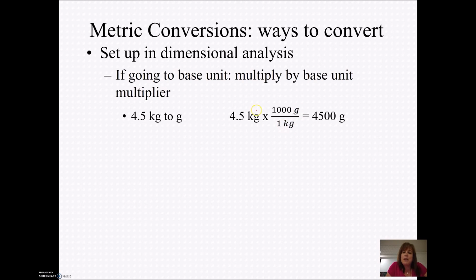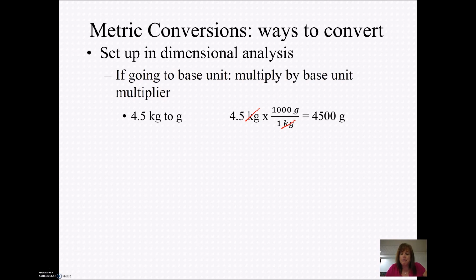We set the ratio up like this because in dimensional analysis, we set up with fractions. These will cancel each other out because they're above each other. It's like putting 1 over 1, right? That's just 1. Or 2 over 2, right? Those cancel and just become 1. So here, those units cancel out and leave me in grams.